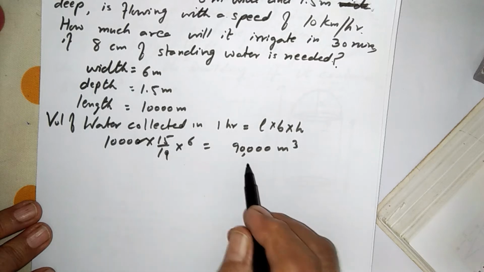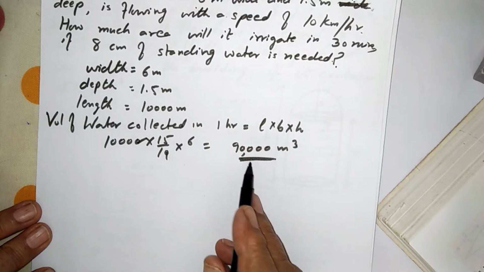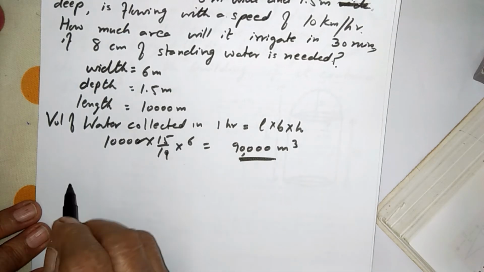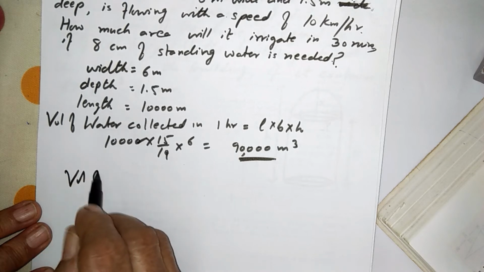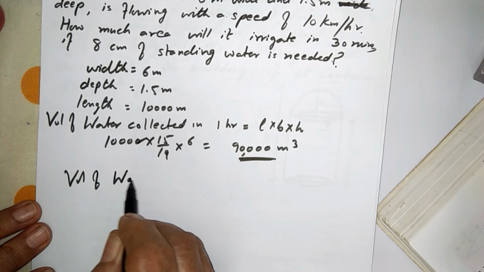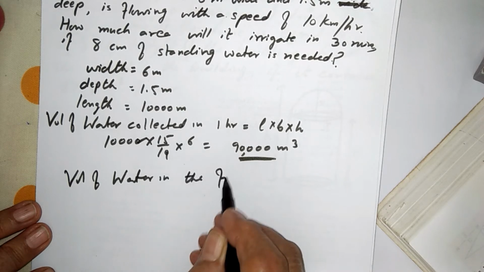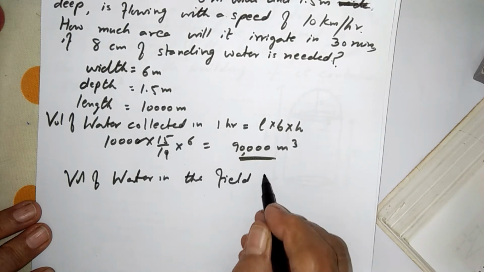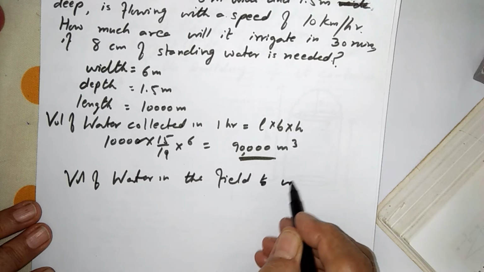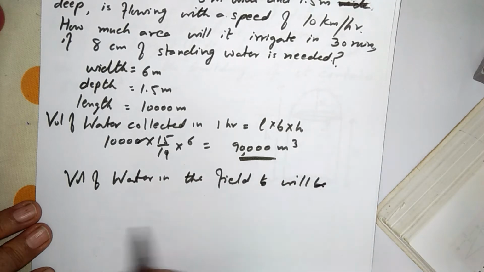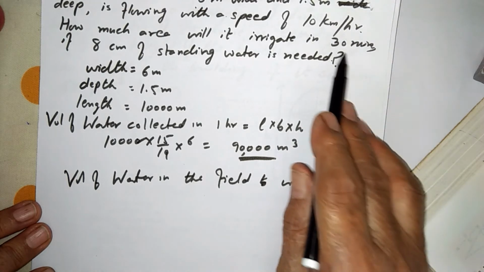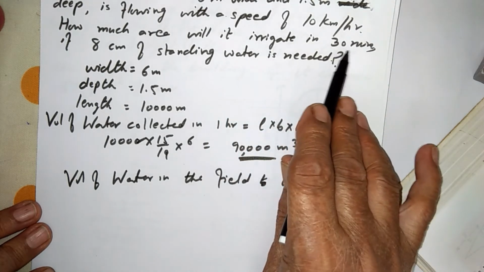Now this will be the volume of water which will go into the field. Volume of water in the field will be, we want to know the water in 30 minutes.